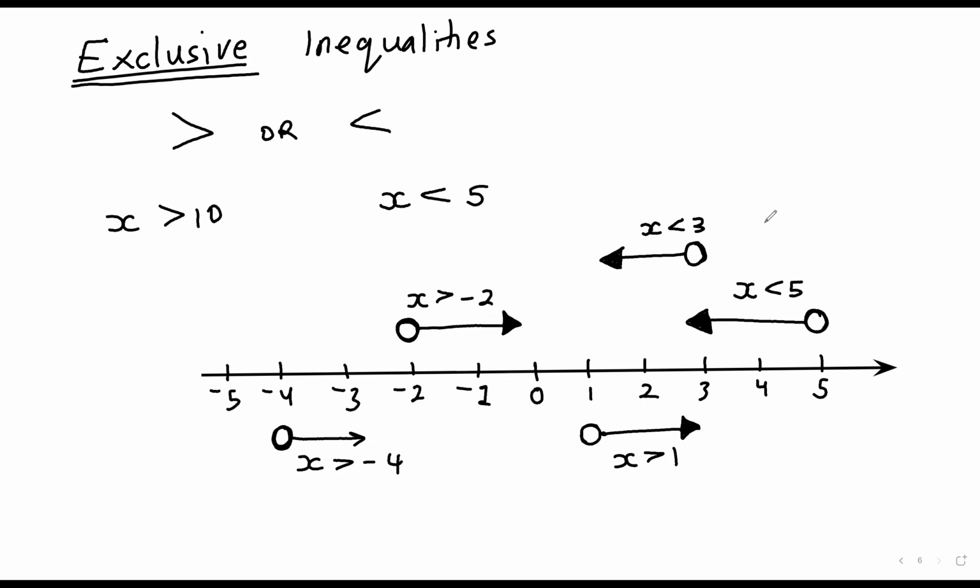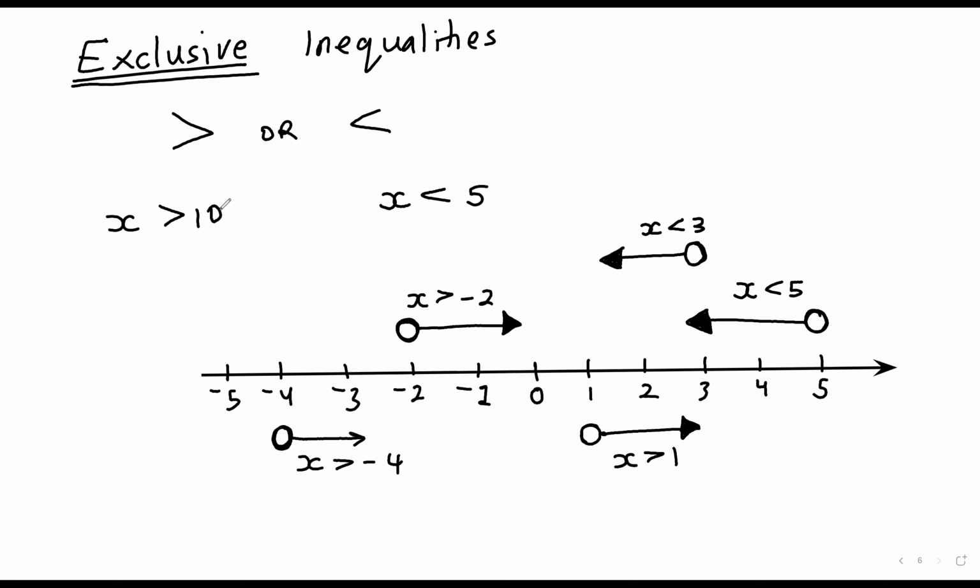So the arrow points to the right if it's greater than, because all of the values to the right are bigger than the values to the left. Likewise, all of the values that are less than are to the left, so the arrow points to the left, okay?